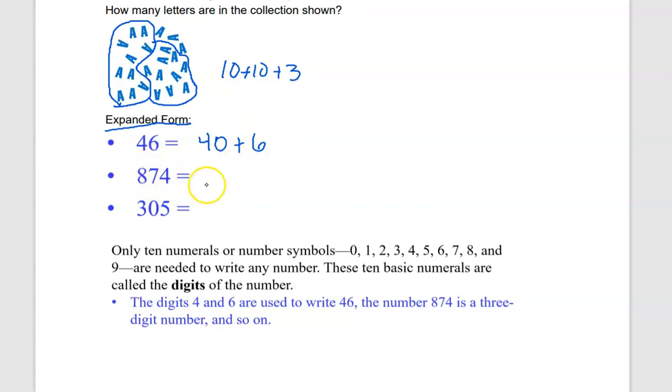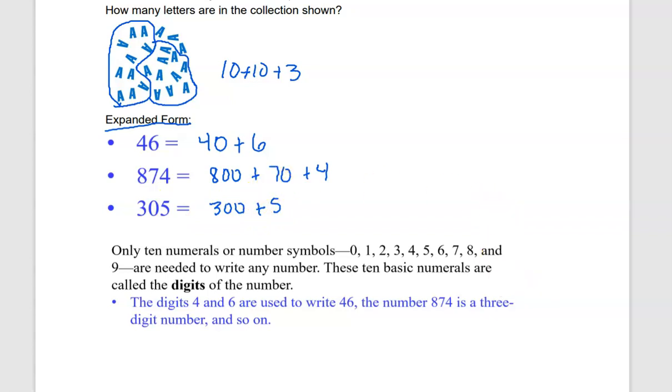If I want to talk about 874, I could break it down into 8 groups of 100, 7 groups of 10, and 4 ones. 305, I can break it down to 3 hundreds. I don't have any 10s because there's 0 there, so plus 5 ones.